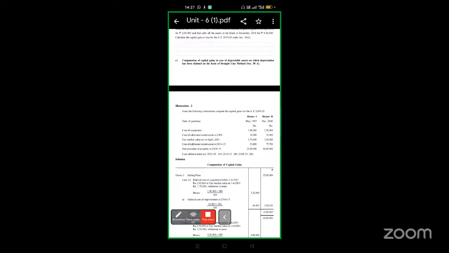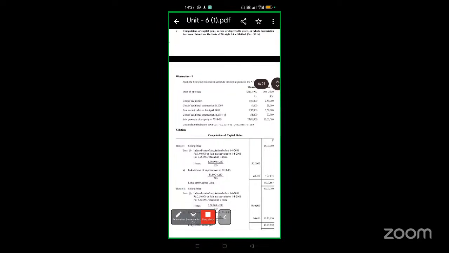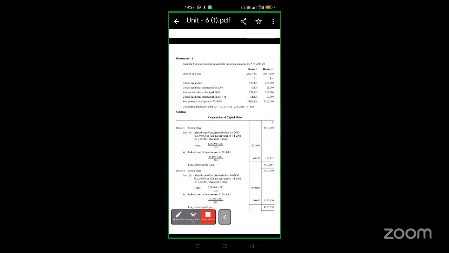And if you look here, this is how we do it: the selling price is given, and there are no transfer expenses, so we are not deducting any. We are doing only indexation. And whenever you are doing indexation and the fair market value is given as well as the cost of acquisition, whichever is higher will be taken for the calculation of cost of acquisition.